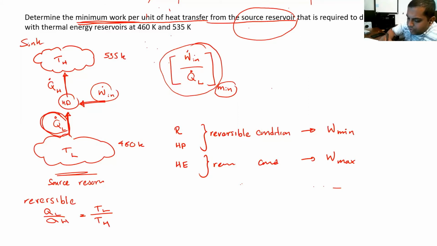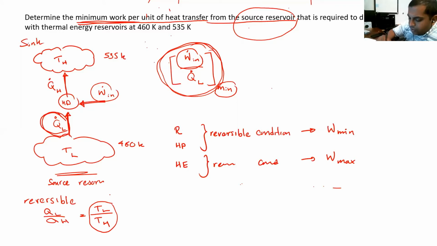So we want to get rid of this W to get an actual value for that. If we can write this expression as a ratio of QL and QH, we will be able to get a numeric value because we know the values of TL and TH.